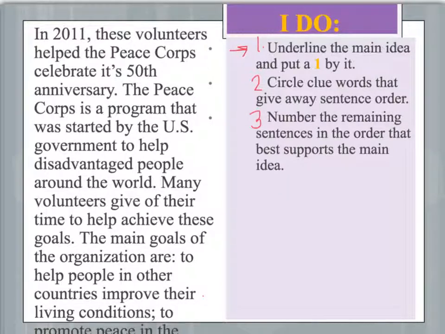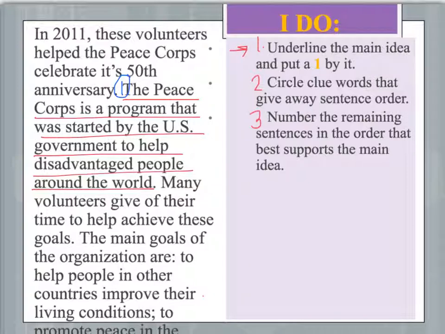So if I were writing this, I would probably say that this sentence right here is my topic sentence because it tells us a little overview of what the Peace Corps is. So I'm going to put a 1 by this sentence. Okay, now I need to circle any clue words that I find in the text to give away any sentence order.